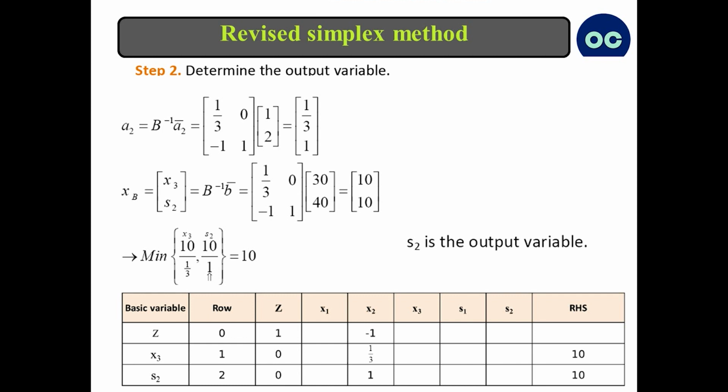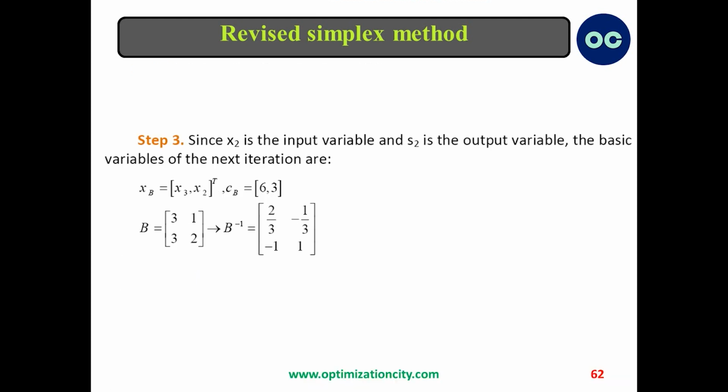In step 2, we determine the output variable. We do the ratio test, and you can find that S2 is the output variable because it has the minimum value in the ratio test. In step 3, calculate the new B inverse and x_B. Because x2 is the input variable and s2 is the output variable, the basic variables for the next iteration are as follows.